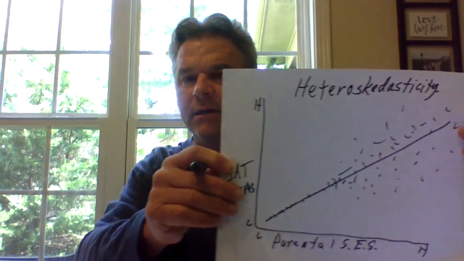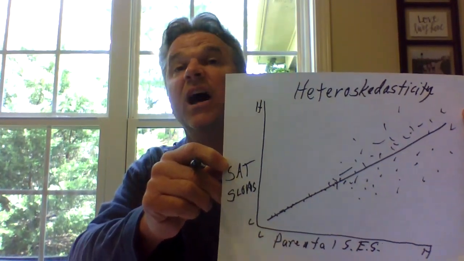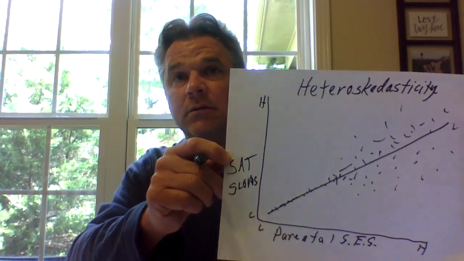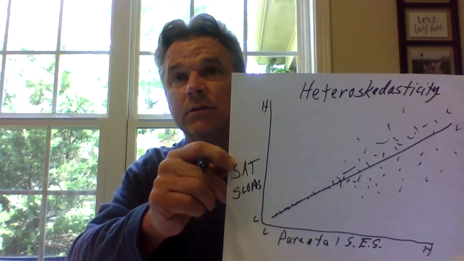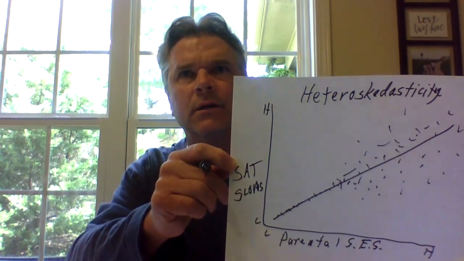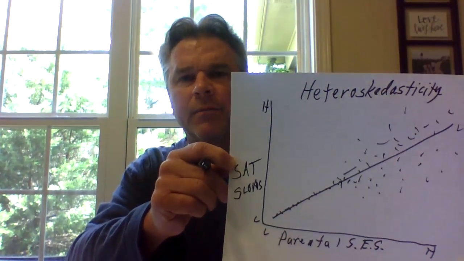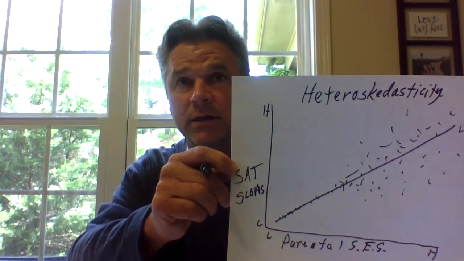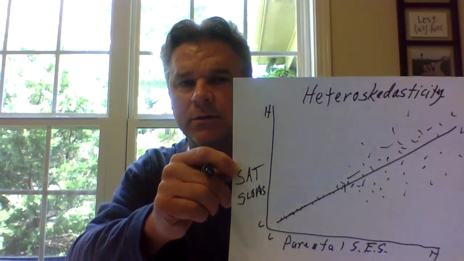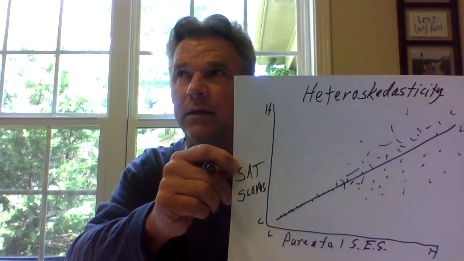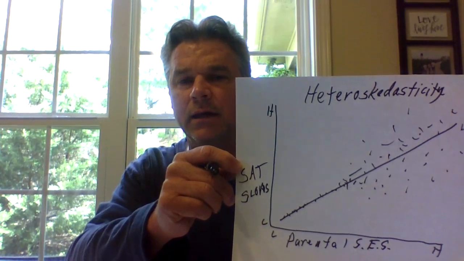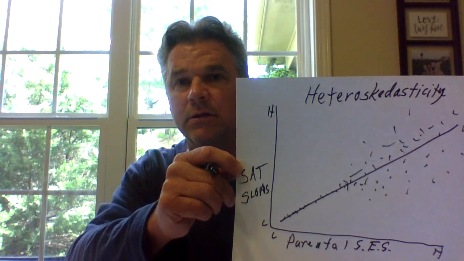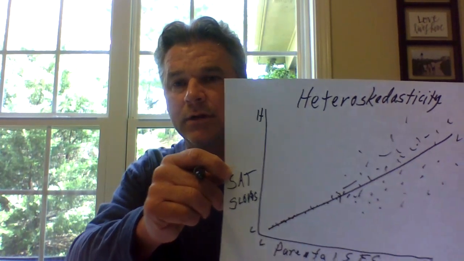And what this is, it's unequal error variance across observations. It's also some other things. There are other methodological problems involved with heteroskedasticity. But for this course, the important thing, and the thing I want you to get, is the idea that it's unequal error variance across observations.